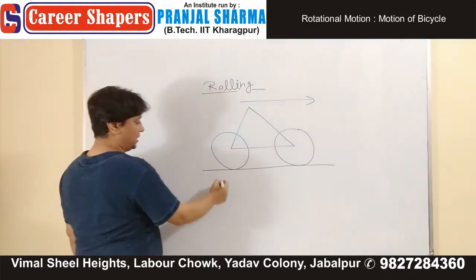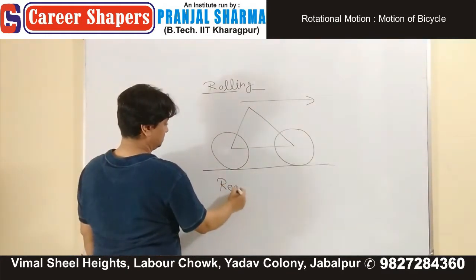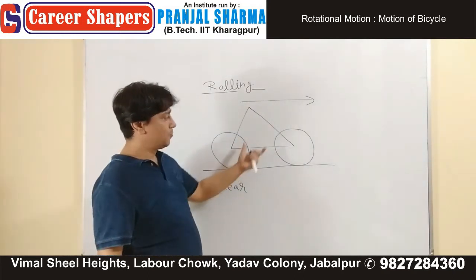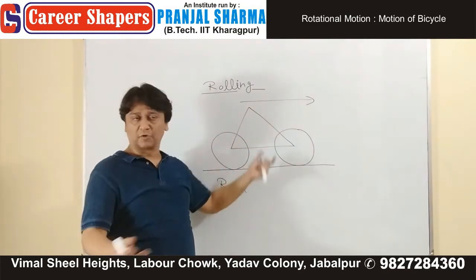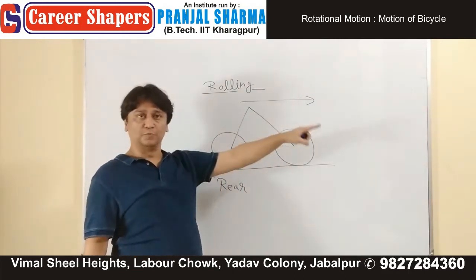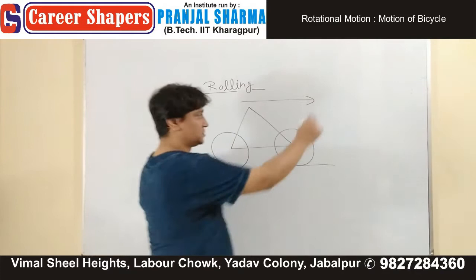This is the rear wheel, and initially bicycle is at rest and you start pedaling and then it moves in the forward direction. This is the forward direction.